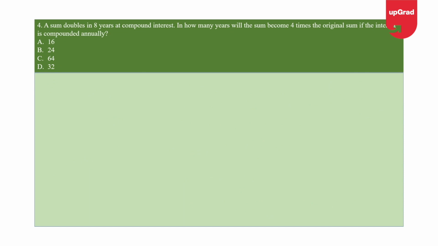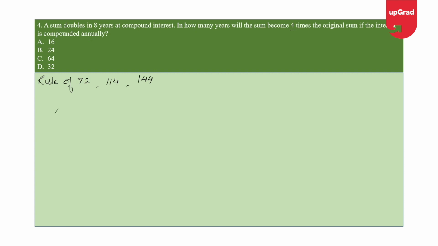A sum doubles in 8 years at compound interest. In how many years will the sum become 4 times the original sum if the interest is compounded annually? Now this looks like a difficult question, but for that you need to know the rule of 72, 114 and 144. That's another video that I have already for you. Now, what does that mean? Let's understand.